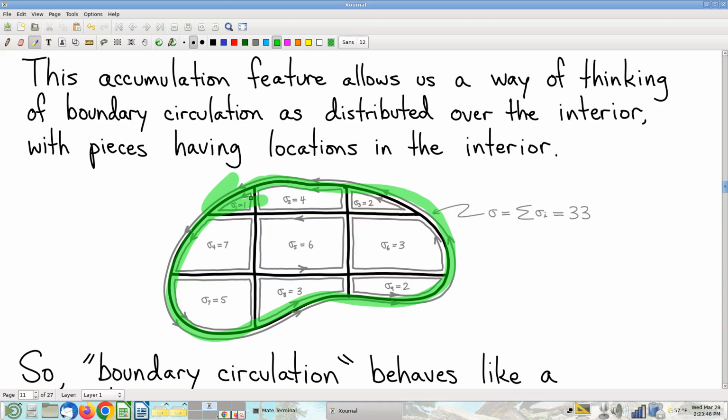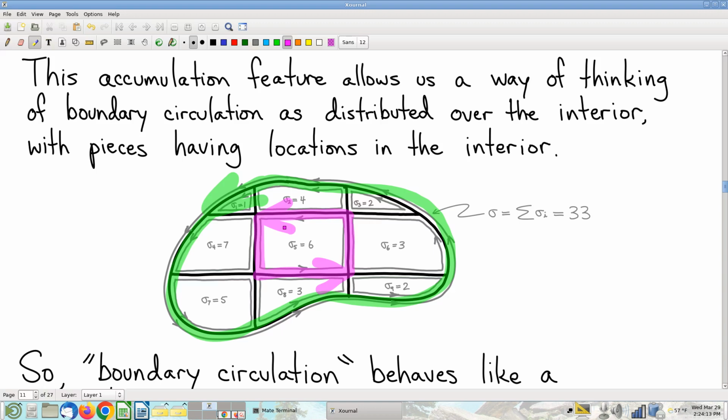I'm going to phrase this the wrong way first, so you can see how confusing and nonsensical it seems, and then I'm going to phrase it the right way so you can get more satisfaction. Question: how much of this boundary circulation is happening here? And the question seems ridiculous.